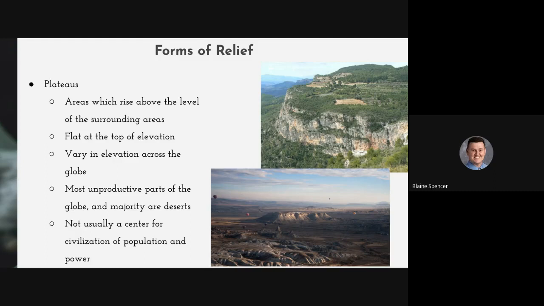I think I heard someone say Mount Everest. We see that mountains are these massive land masses that stick out of the earth, that come to a point, that are much larger than plateaus.